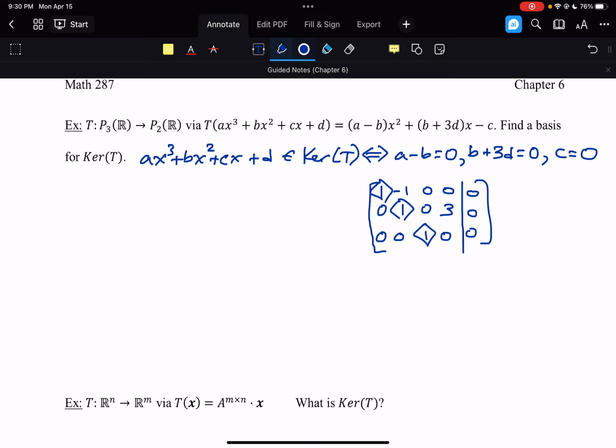We do have a free variable, so D is going to be free, so we'll call that T. C is 0, we know that. B plus 3 times T is 0, so that means that B is -3T, and A minus -3T is 0. So that's plus 3T, so subtract that over. We also get -3T for A.